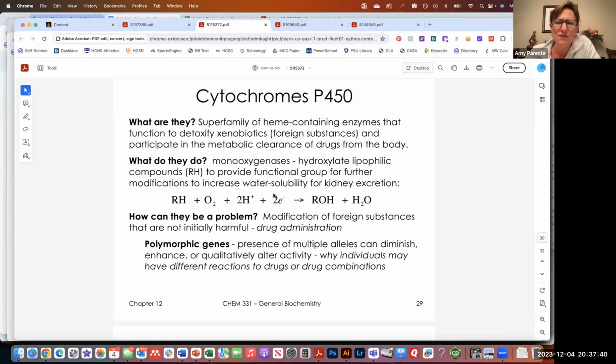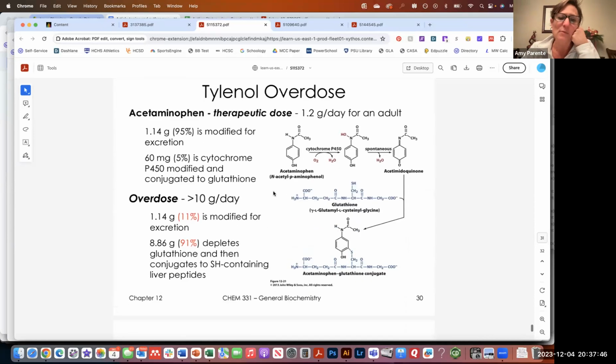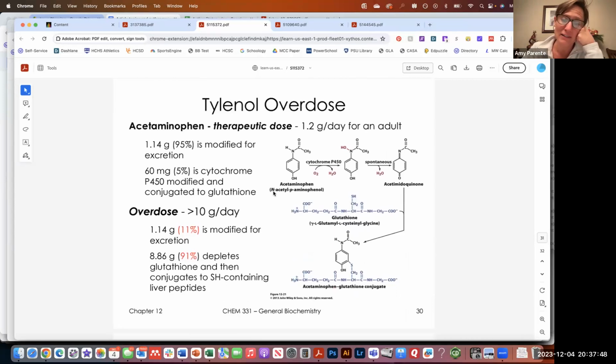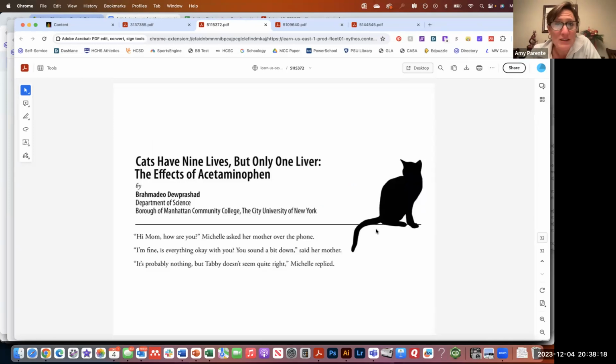We talked about it in the context of a Tylenol overdose, that there's a maximum amount of Tylenol that can be excreted by this pathway. We didn't talk about what the excretion pathway was. Once you've swamped out that pathway, then you start tagging in glutathione, and that can be problematic because it can lead to liver failure. And that was it for this learning unit.